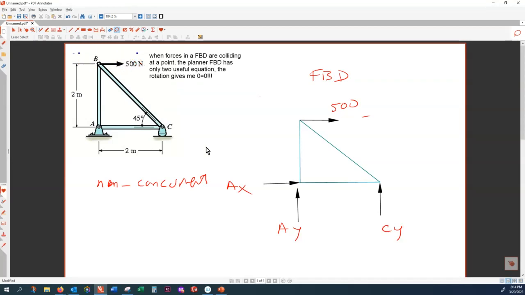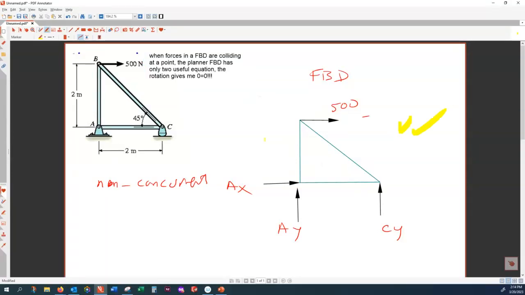It gives me 0 equal to 0. But here, if I write the condition of rotation, I never get 0 equal to 0. So here I have 3 useful conditions, 3 unknowns. With the method of joint, I have 2 useful conditions and can only handle 2 unknowns. Is that clear? So this problem is solvable.